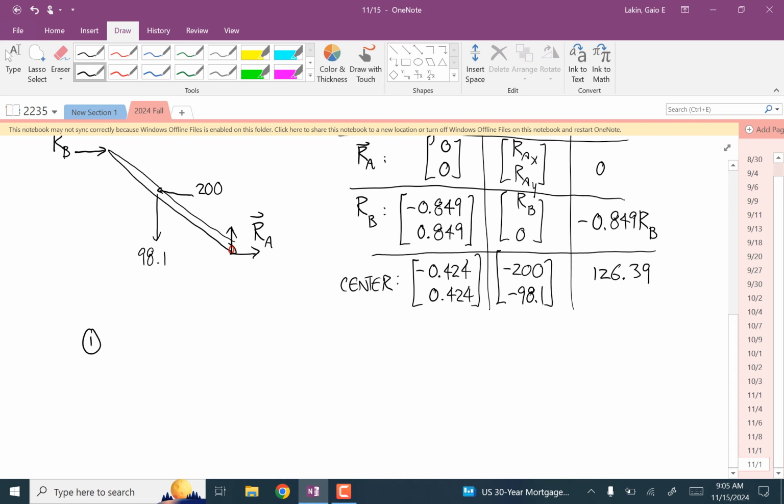So our first equation says RAX plus RB is equal to 200. Second, RAY is equal to 98.1. And third, negative 0.849 RB is equal to negative 126.39.